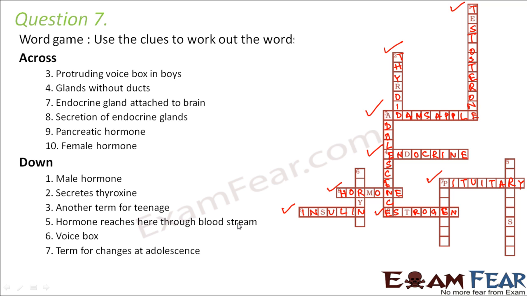Hormone reaches here through bloodstream. Now I have mentioned, right, hormones, they are always very specific to their action. So they always reach their target site. So this is target site.